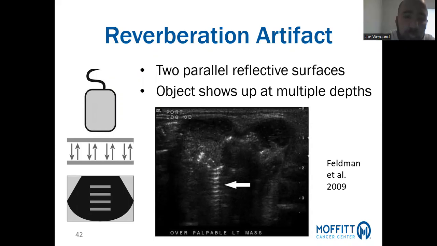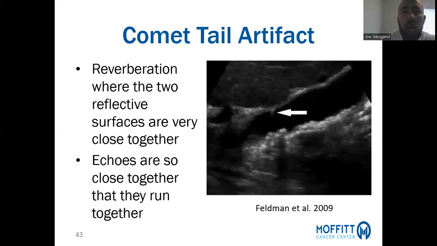It usually looks like, as shown here in the figure where the arrow is pointing, this oscillating pattern between hyperintense and hypointense. That is due to misrepresentation of the depth of the object due to multiple echoes.